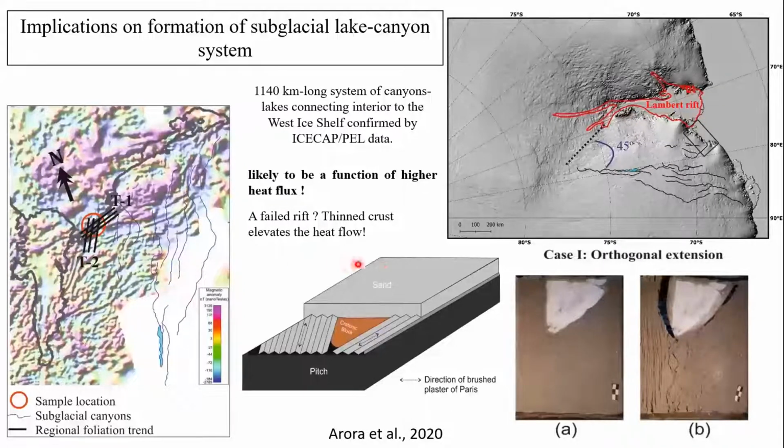So the experimental result in the case of extension direction orthogonal to the zone margin provided favorable results. As you can see, there were two anisotropies marked. One is parallel to the zone margin and one is at 45 degrees, simulating this setup. So the parallel anisotropy gave rise to a well-developed rifting, simulating the Lambert graben.